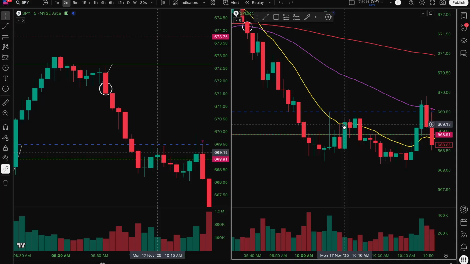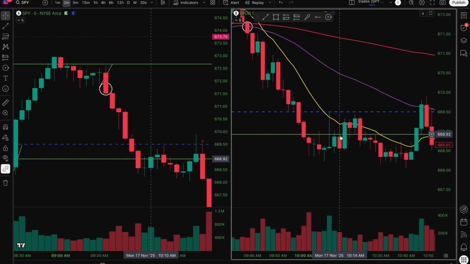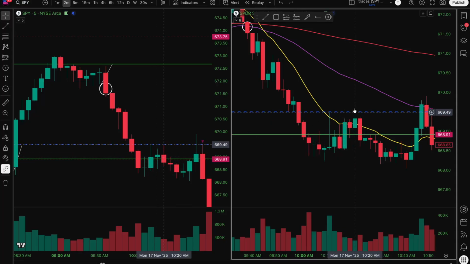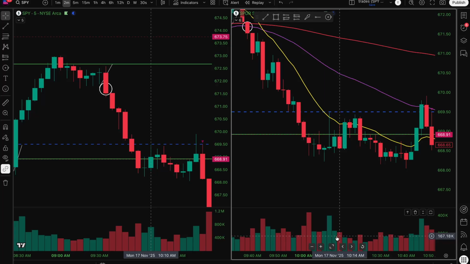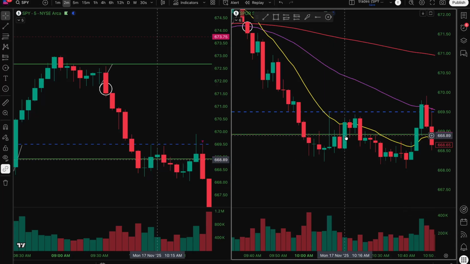We see the retest going to the 13 EMA, retesting the ORB low, retesting this pre-market level, and we push up on way smaller volume than previous candles.